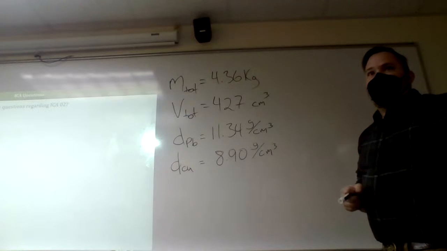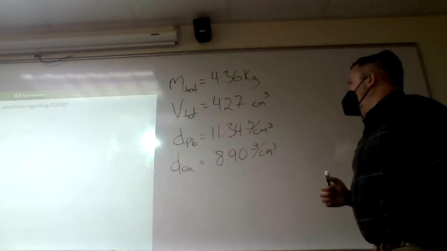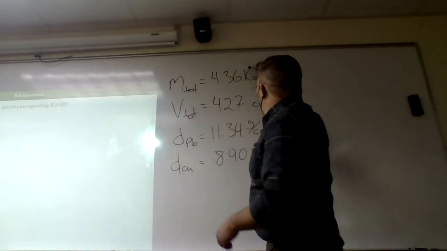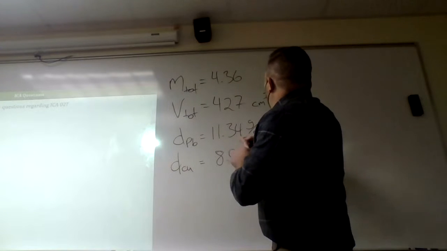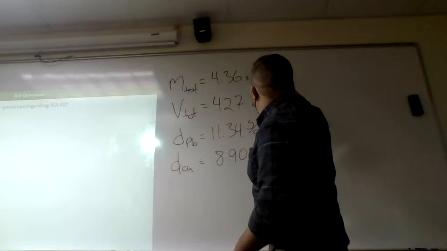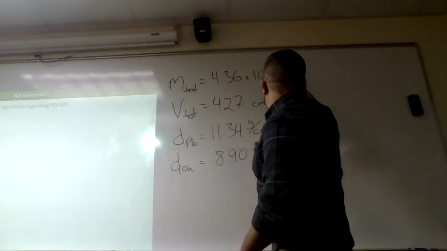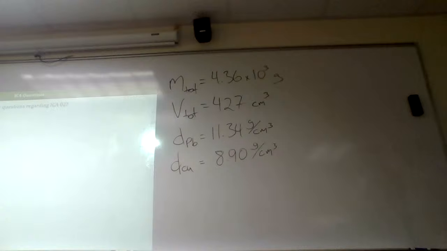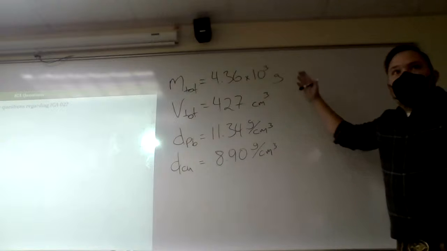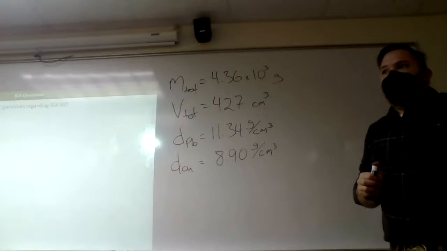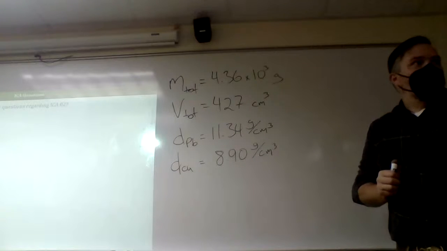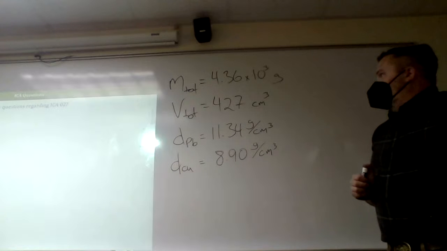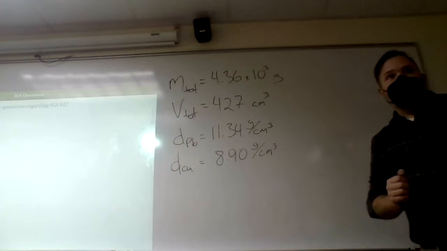If we just multiply by 1,000, we get grams. And that's just sort of housekeeping, because that's going to make sure that we don't wind up with any weird conversions in the middle of our problem. Now, all of the masses we know will be in grams, and all of the volumes will be cubic centimeters.